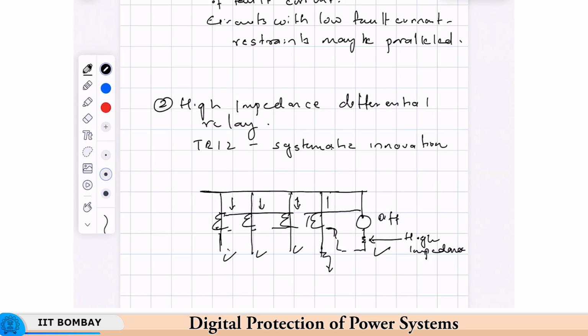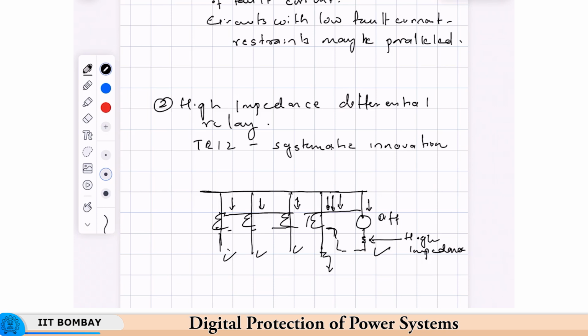So, what will happen is all the current, the summation of the 3 currents, instead of flowing through the relay, will now flow through the CT with the lower impedance, and then the very low differential current will be available here. So, that this relay will not operate. Okay. So, this is making use of the saturation of the CT itself to find a solution.